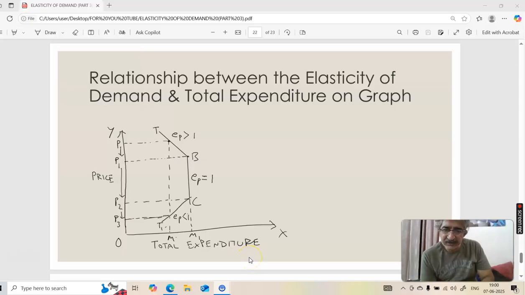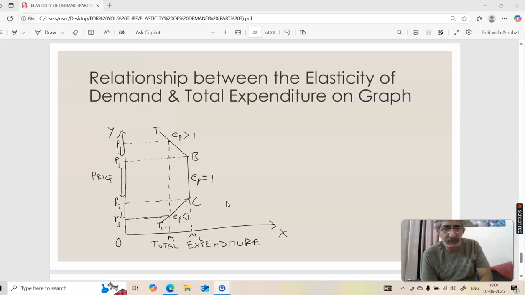Unlike previous graphs, where every time we took price on the y-axis, here also price we'll take on the y-axis, but on the x-axis, by now you must be very much acquainted that we generally take quantity demanded most of the times. But this time we'll take total expenditure.